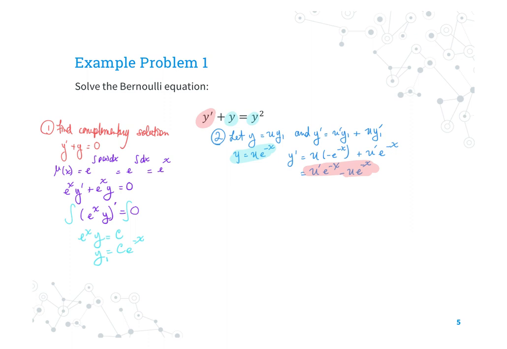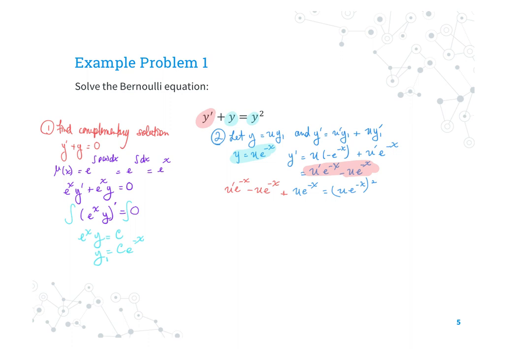So let's do that. We end up with u prime e to the negative x minus u e to the negative x plus u e to the negative x, and it's going to equal u e to the negative x, the whole thing squared.